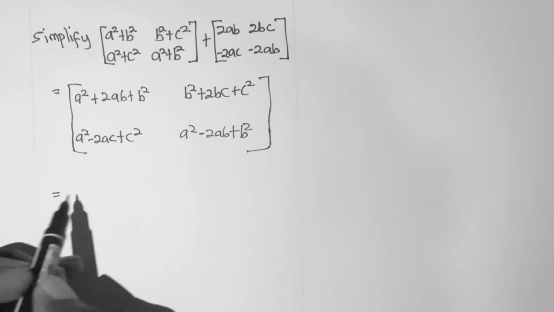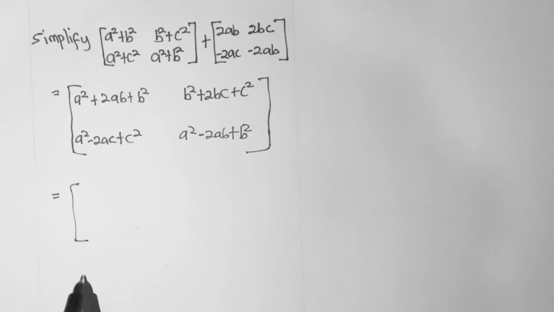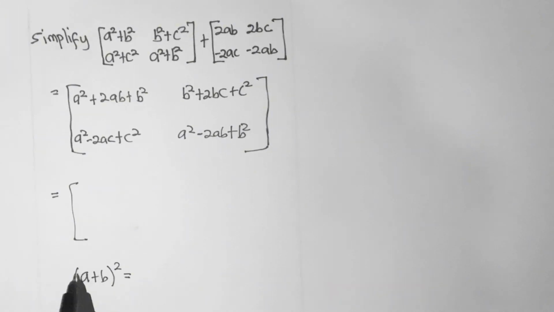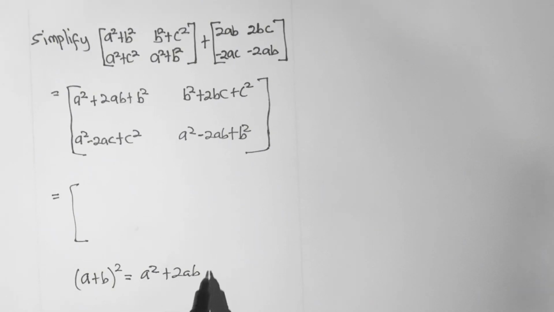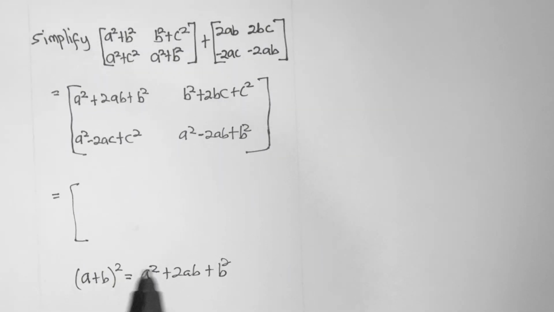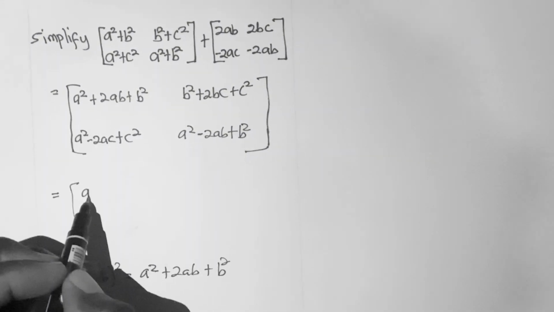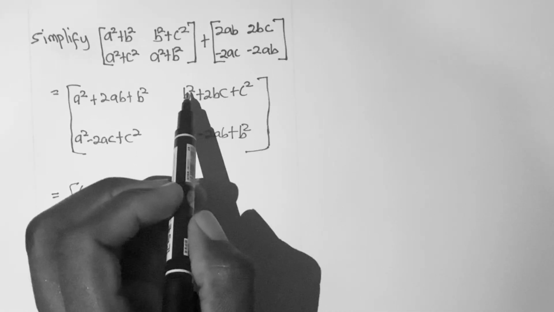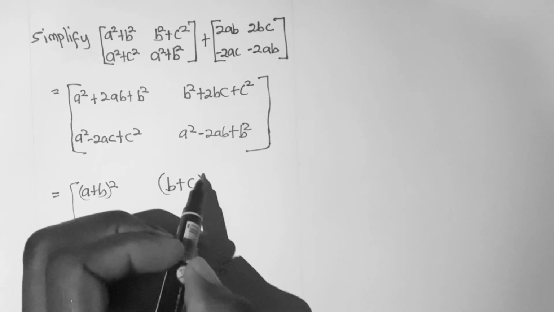So this is equal to, now you can see that this is the same as A plus B all squared. A plus B all squared is the same as A squared plus 2AB plus B squared using binomial expansion. So all of this can be written as A plus B all squared. Then it's the same thing here. Here is B and C, so this one becomes B plus C all squared.